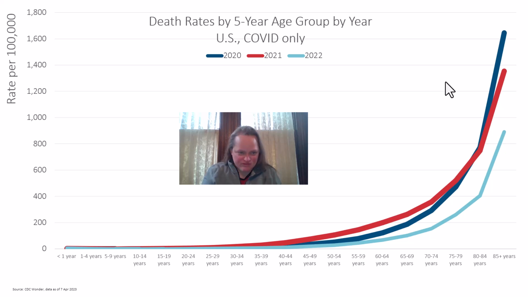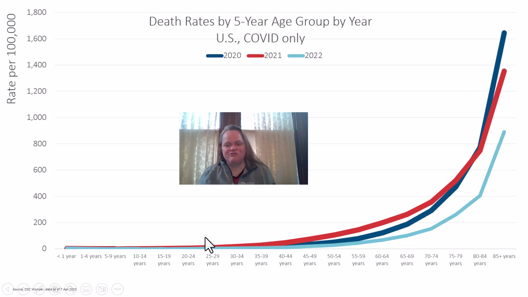So I'm going to start out with my rates using the linear scale, which a lot of people feel like they understand. So let's take a look at the shape of these curves before I get to the logarithmic scale. The 2020 is the dark blue.